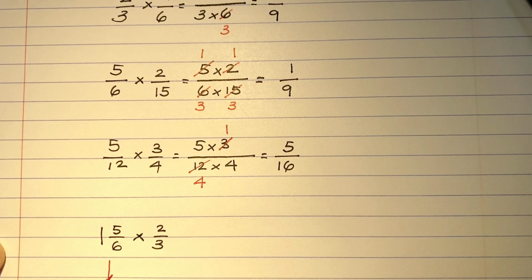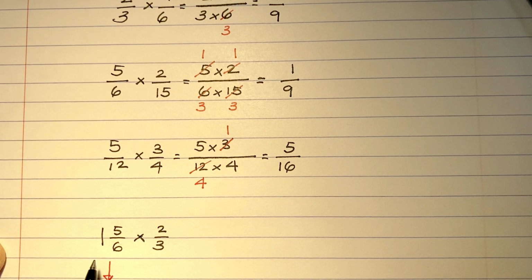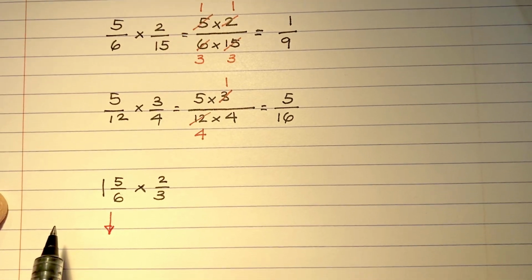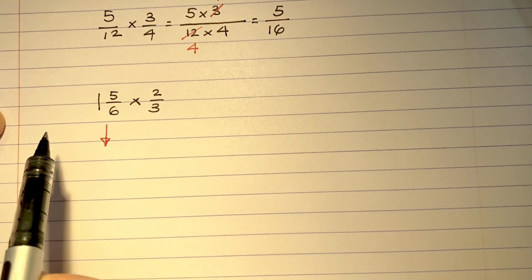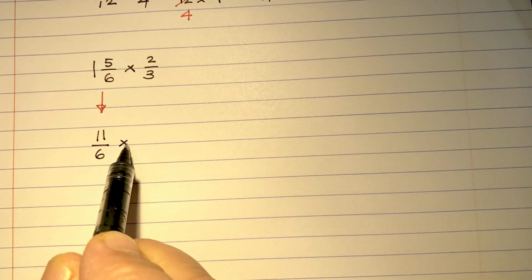As I said, you cannot deal with mixed numbers when you multiply and you divide, so all mixed numbers need to be changed to improper or top heavy. If you remember, the number outside, multiply the bottom number. 1 times 6, 6, add 5 makes 11/6, times 2/3.